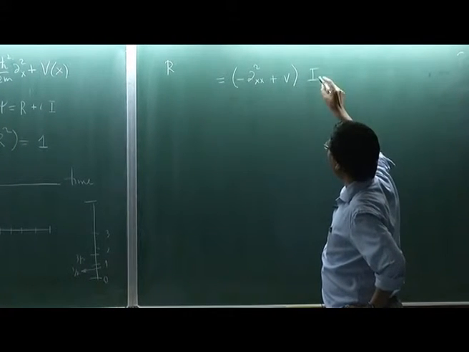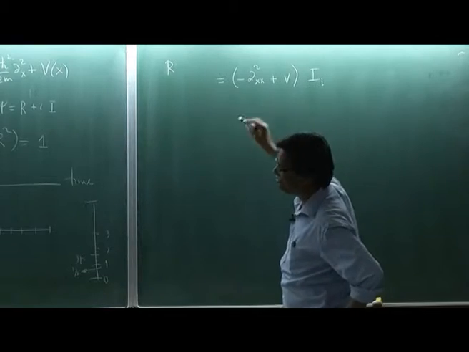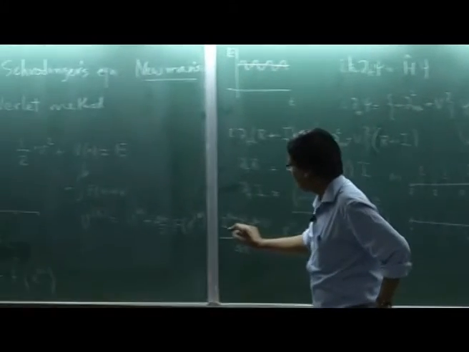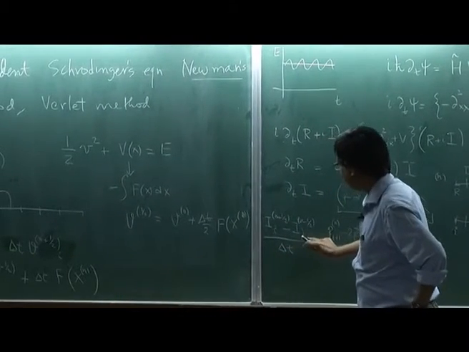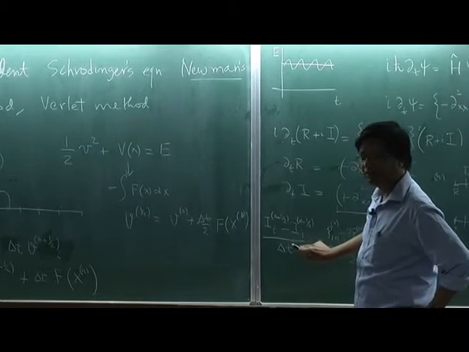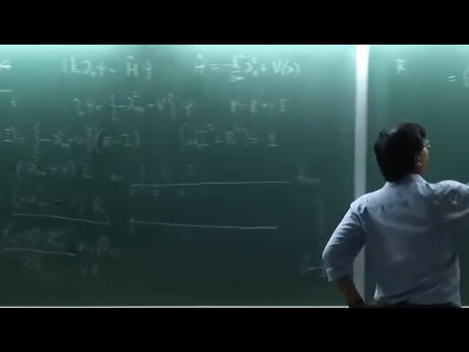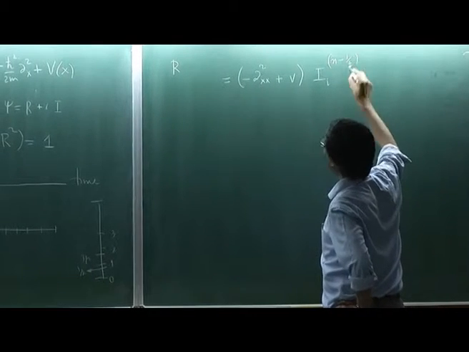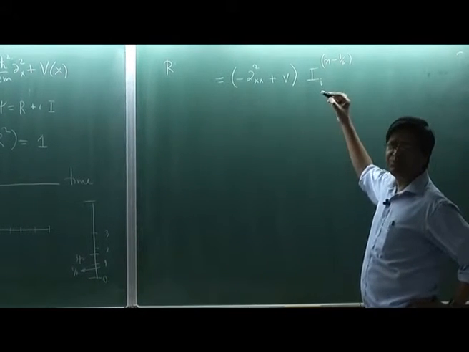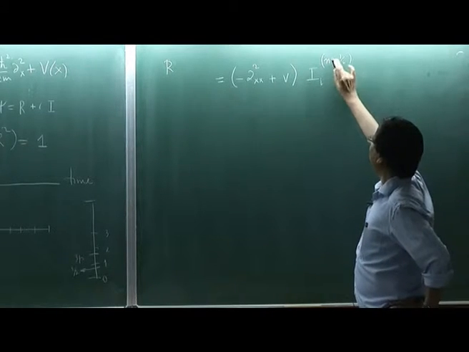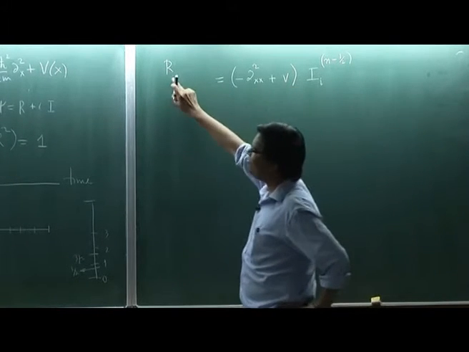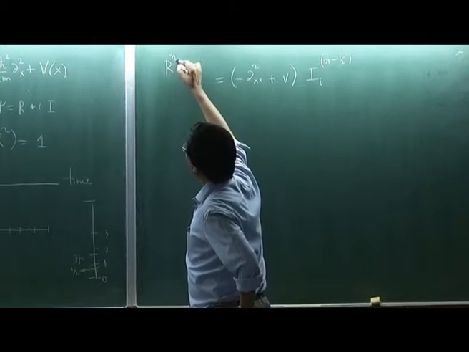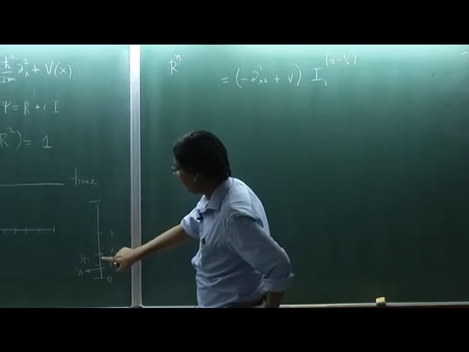So this is of course I, actually I should put I here, okay. So this is I, this is the space index. Now this is going to be computed at n minus half, let us say. So I want to jump in discrete times.